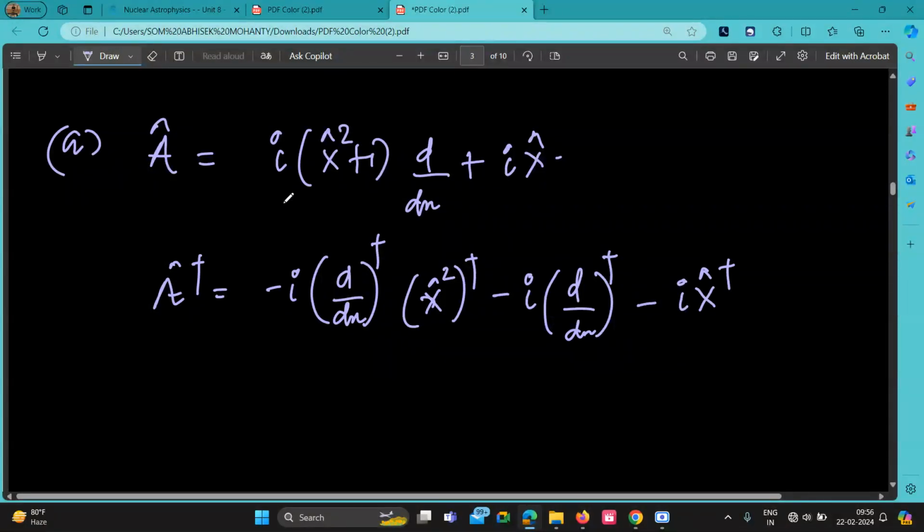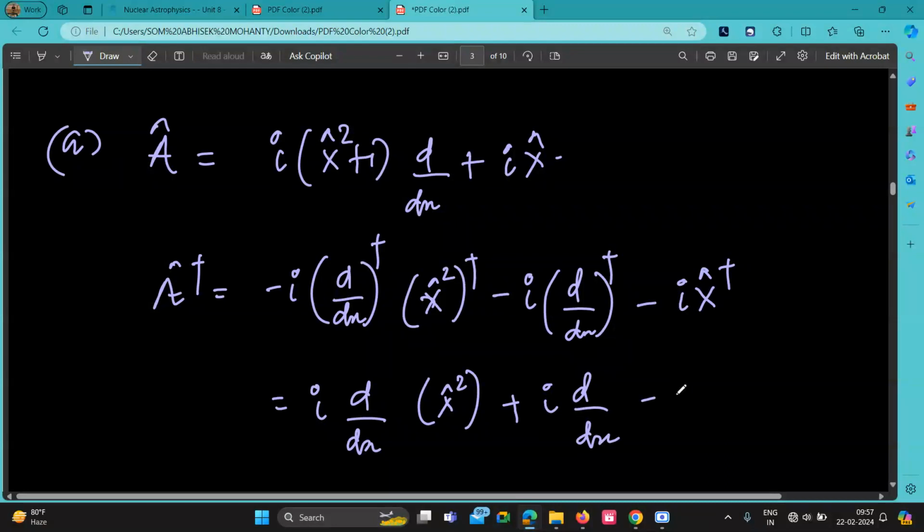Got it? This much is clear? Now I can write it as i d/dx of x². Your d/dx dagger is minus d/dx, and minus minus plus. This again minus minus plus, so plus i d/dx minus i x cap.